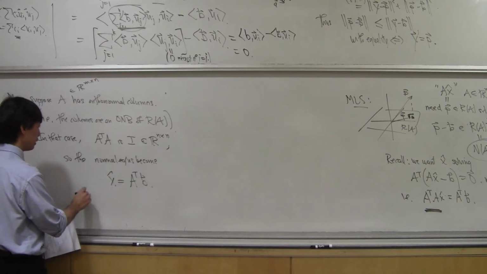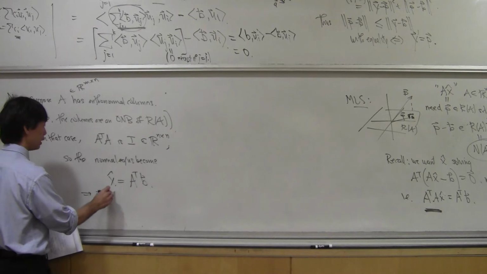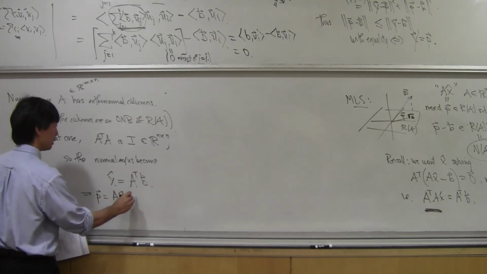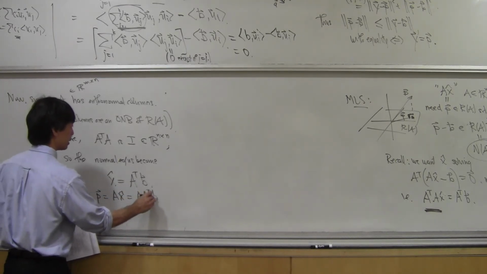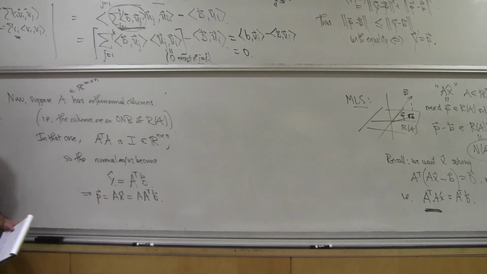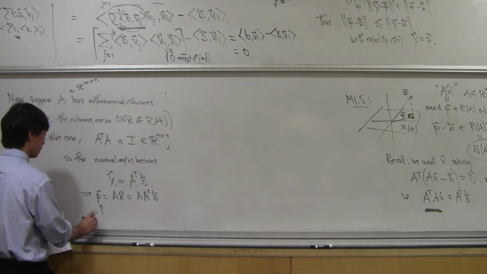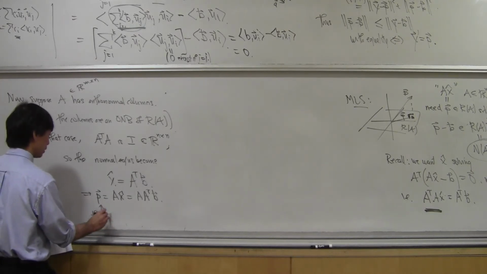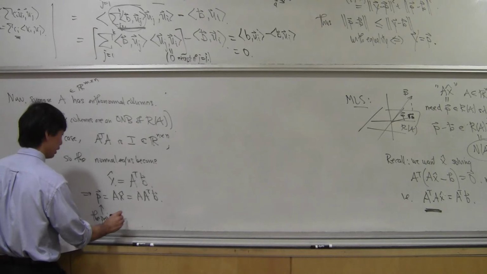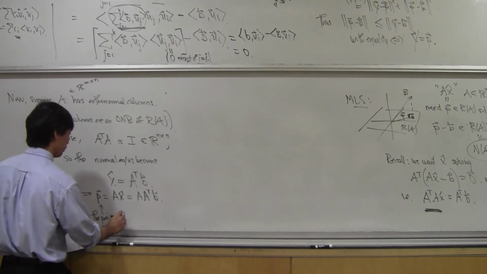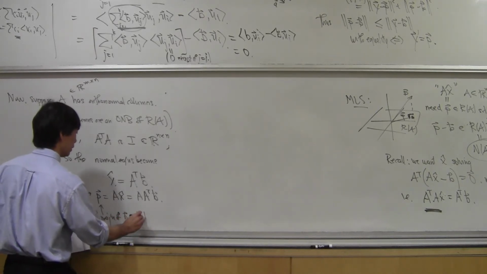But then P is A X hat, which is A A transpose B. Okay, so this is the projection of B onto the range of A.